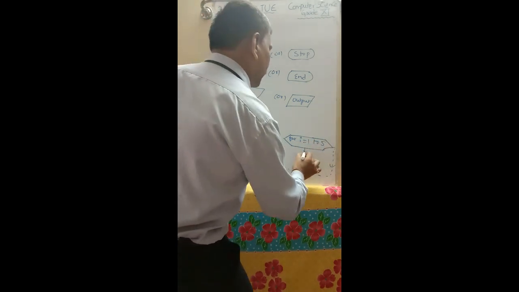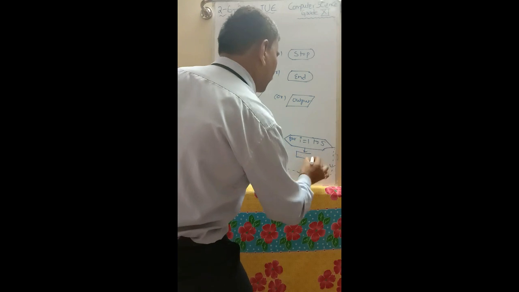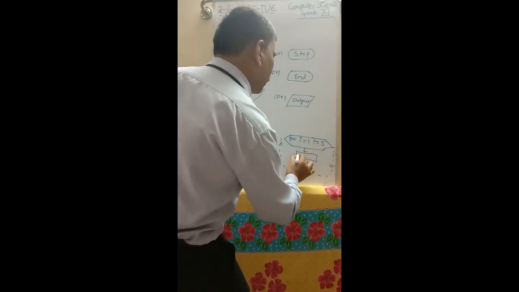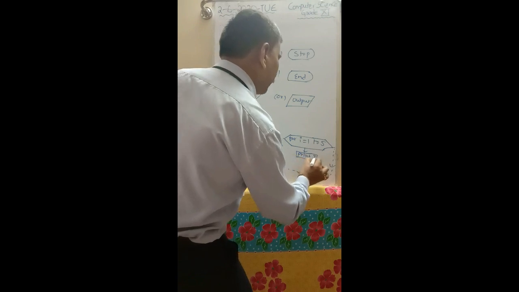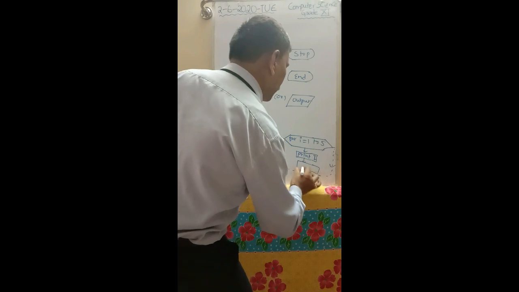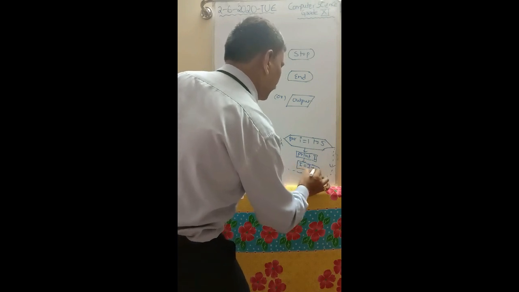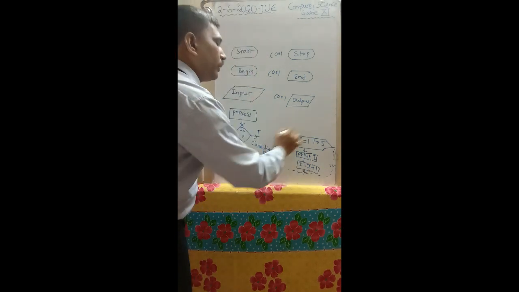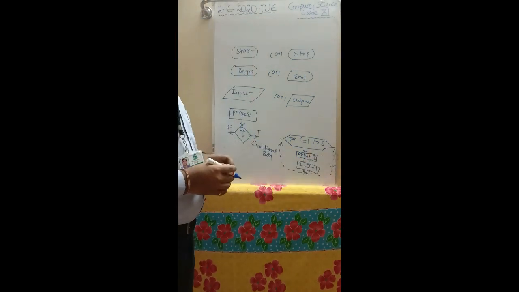Here you write what statements are repeatedly executed. So I is equal to 1 to 5, print I. Okay, then I is equal to I plus 1. So in this way, all the statements are executed repeatedly by using loop control statements.